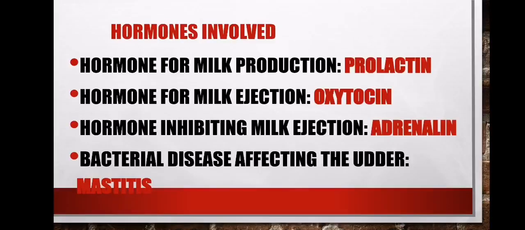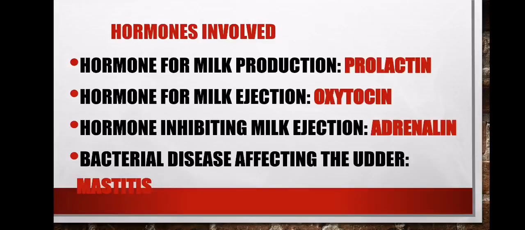The milk must be released. There's again a hormone that is responsible for the release of milk. It's very important for you to know the hormone that is responsible for the release of milk.